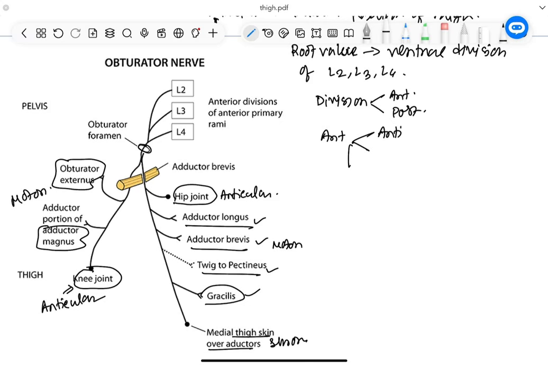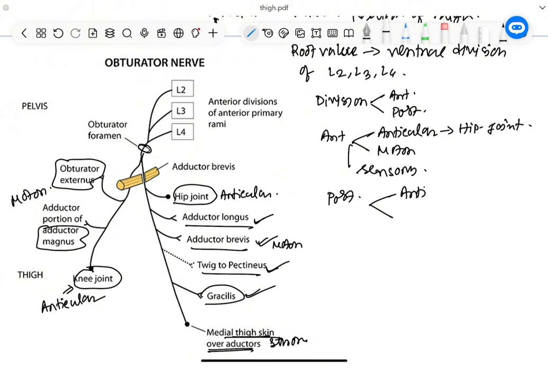Number one, articular, supplying the hip joint area. Then motor supply to the adductor longus, brevis, pectineus and gracilis, and sensory supply to the medial thigh area. The posterior division again has an articular branch supplied to the knee joint area, and motor supply to the adductor magnus half and obturator externus muscles.